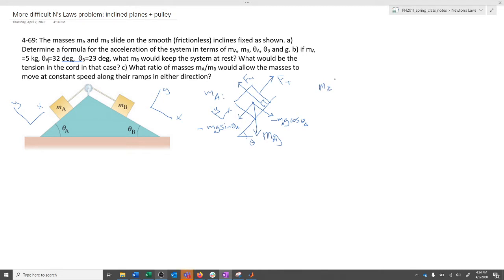So for mass B, it's a similar kind of situation. I'm trying to draw this as neatly as I can.